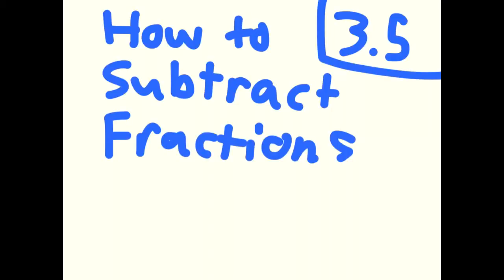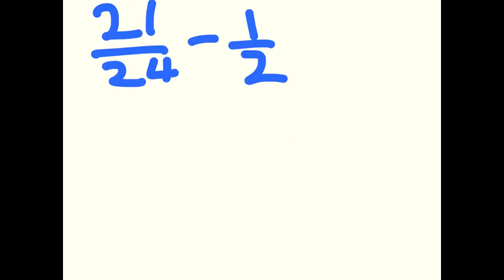Lesson 3.5, how to subtract fractions. So here we have 21/24 minus 1/2. So we need to find a like denominator.